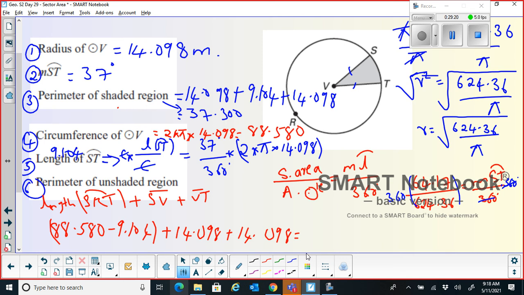We need to simplify that. We'll get 107.672.